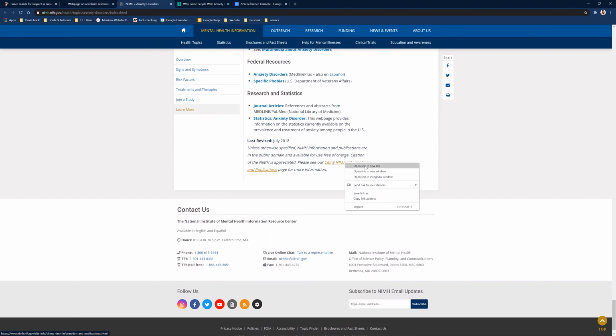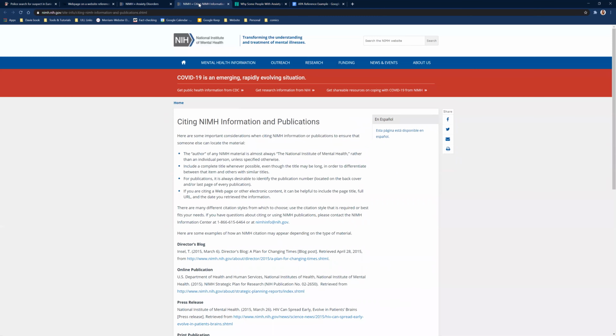Now, when they include this type of information, okay, so in this instance, they say the author is always National Institute of Mental Health, unless otherwise specified, include the complete title.